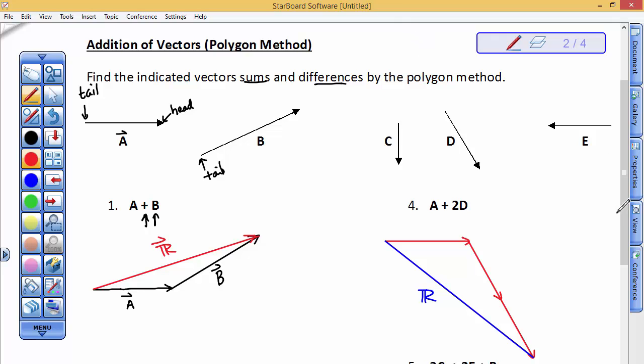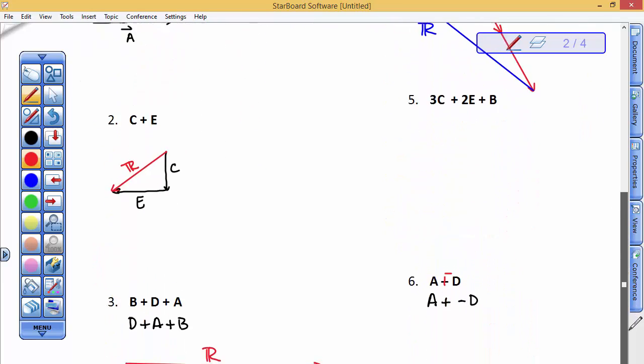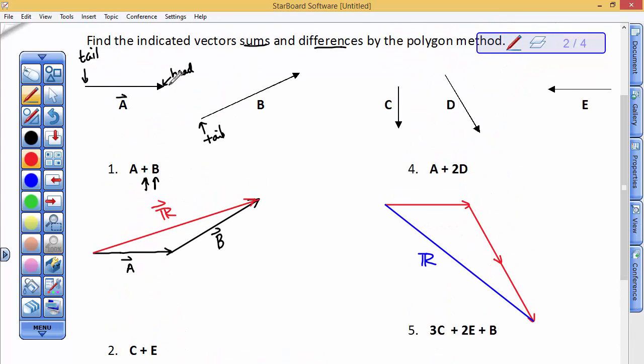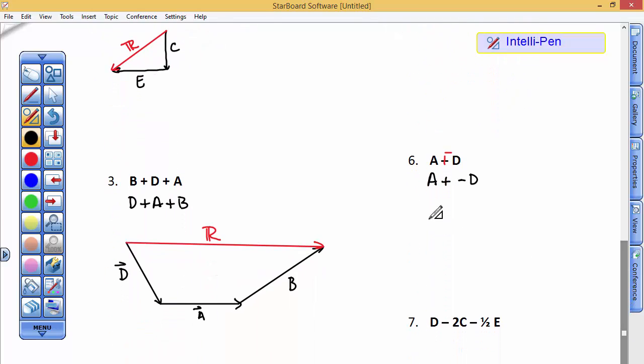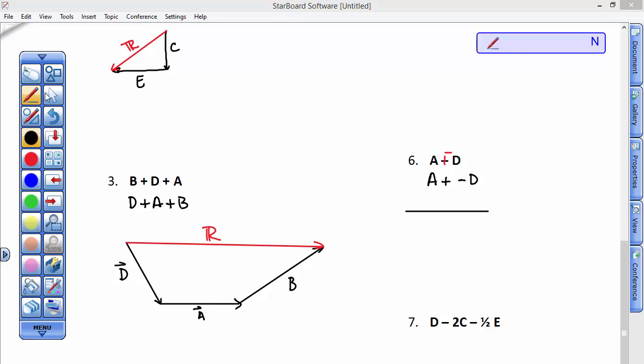So I'm going to start with A, which is this way. So I'll draw vector A, and I've done this unusually because now D normally goes like this. I've got to go backwards with it, adding a negative D.